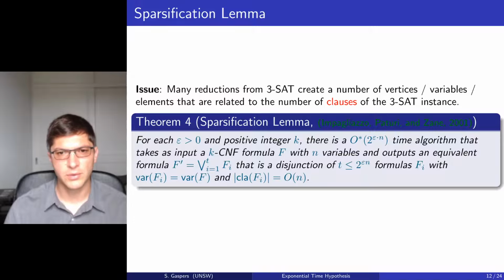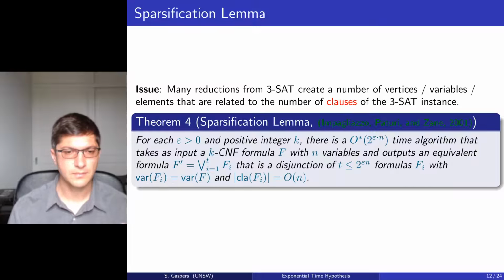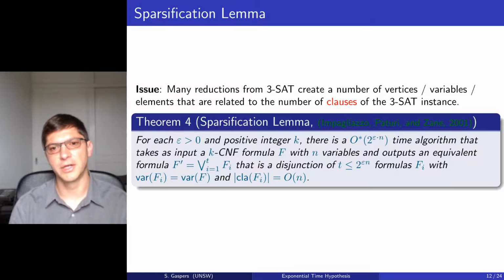Okay, so why is this important? So this is now a sub-exponential time algorithm that creates a disjunction of a sub-exponential number of formulas, and each of them is sparse. Now if we had a sub-exponential time algorithm to solve sparse formulas, then what we could do is use this algorithm here. It runs in sub-exponential time.